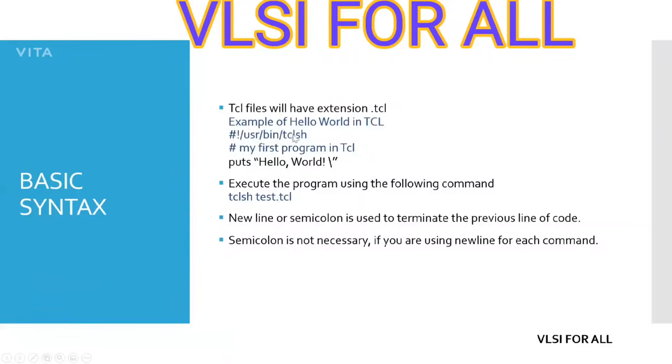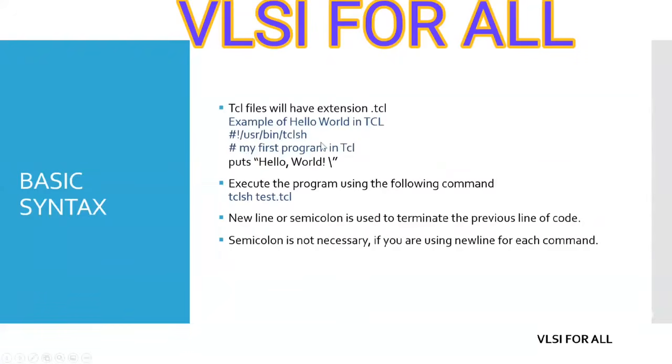This first line is a commented line. If you have a hash as the first letter in your line, then it's a comment that will not be executed by your TCL command prompt. So this is a comment, and it will not be printed in your command prompt at all. So any line you want to add just for reading it later.